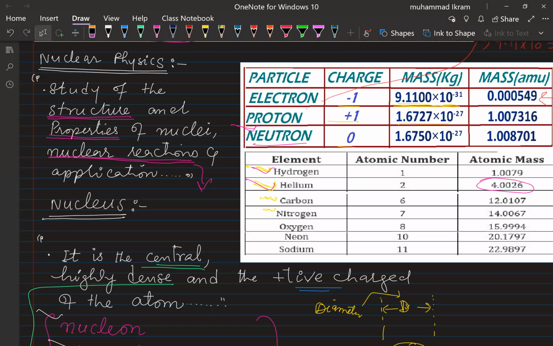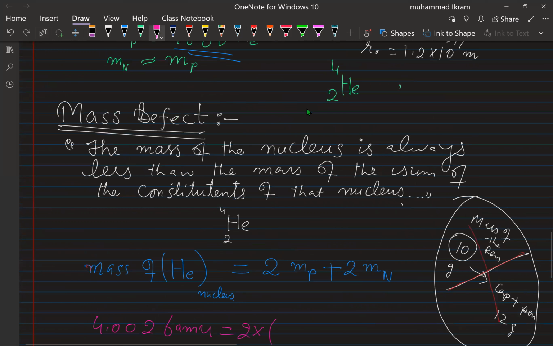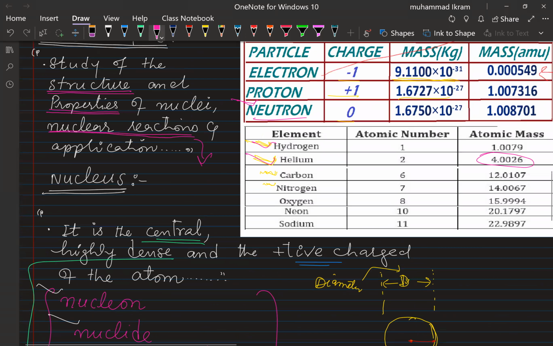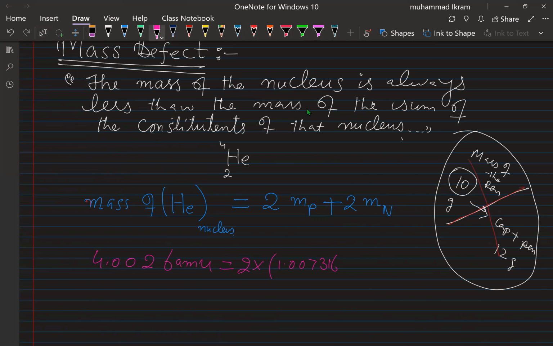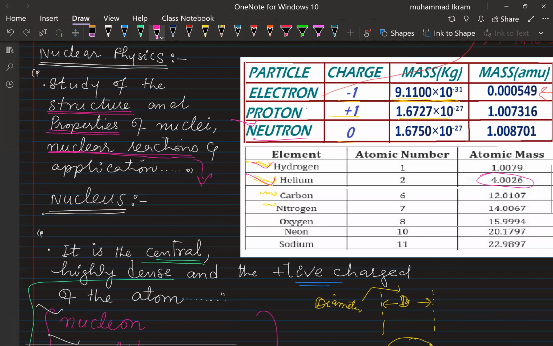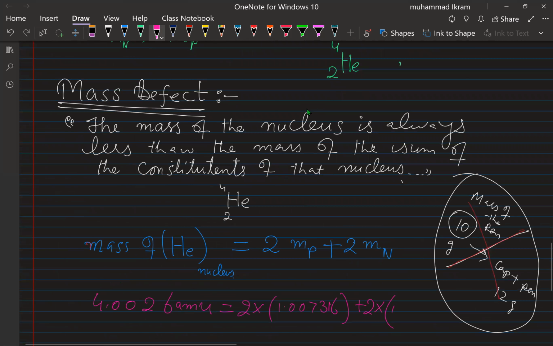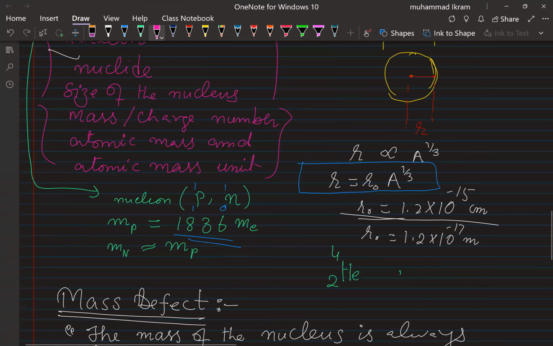It is 1.007316, so 2 times that. And what is the mass of one neutron? That is 1.008701.